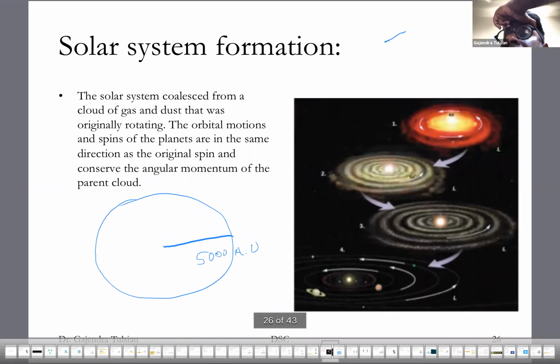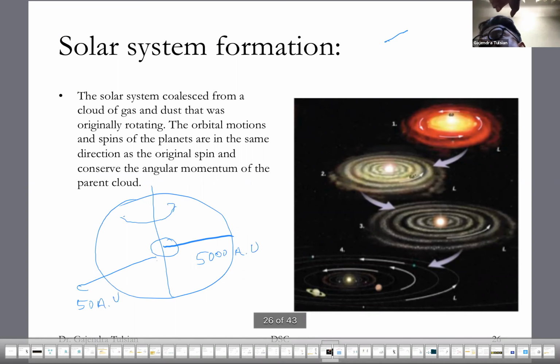So it formed from a cloud that big, and the cloud was slowly spinning. The current size of the solar system is, so the outermost planet is about 50 astronomical units. So the furthest planet is about 50 times as far as the Earth is from the sun.